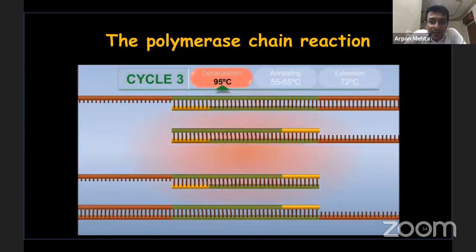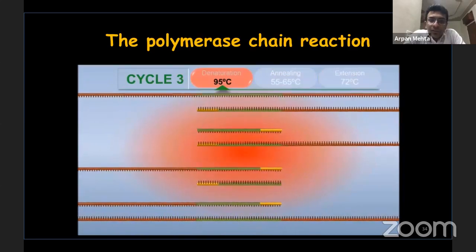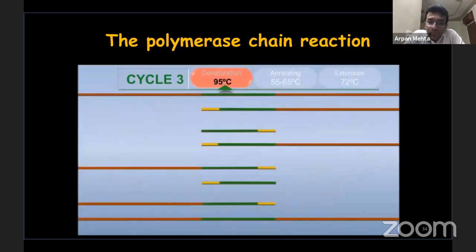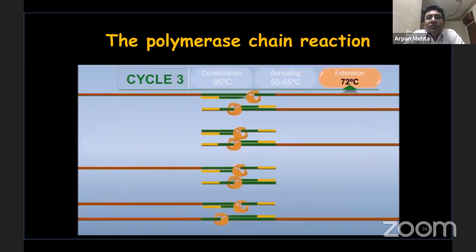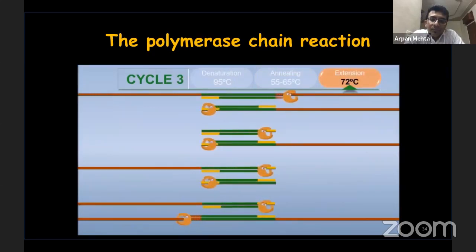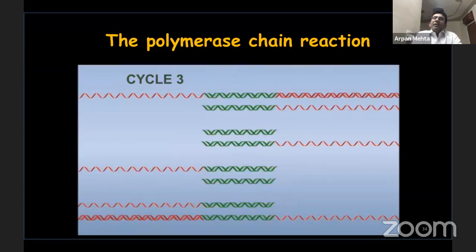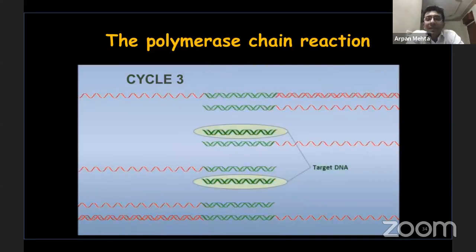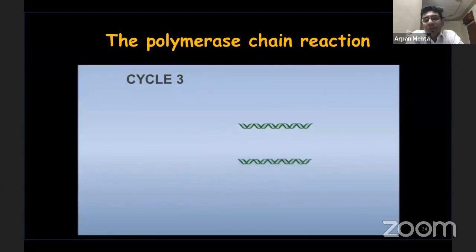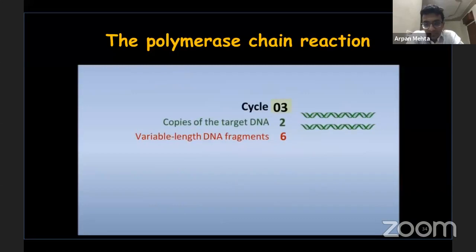Again, in the third cycle, there will be denaturation, so the strands will separate. There will be annealing, so the primers will bind, and there will be extension, so the DNA polymerase enzyme will synthesize new strands of DNA. So the important thing to note here is that at the end of 3 cycles, we get 2 copies of target DNA.